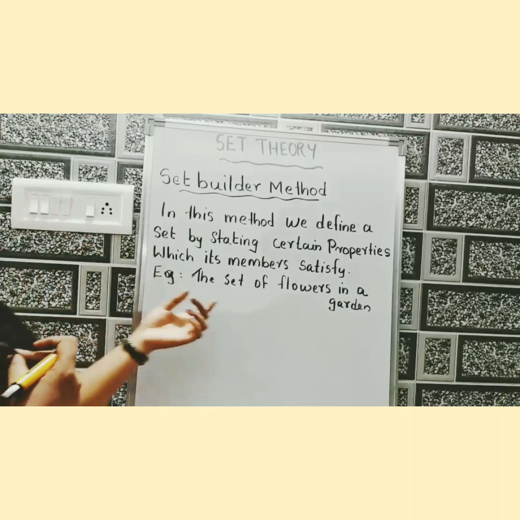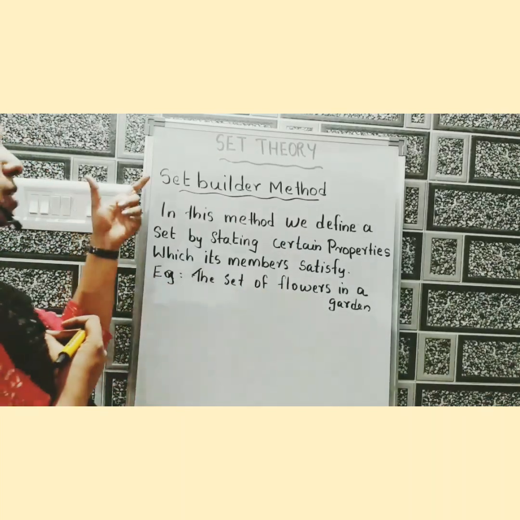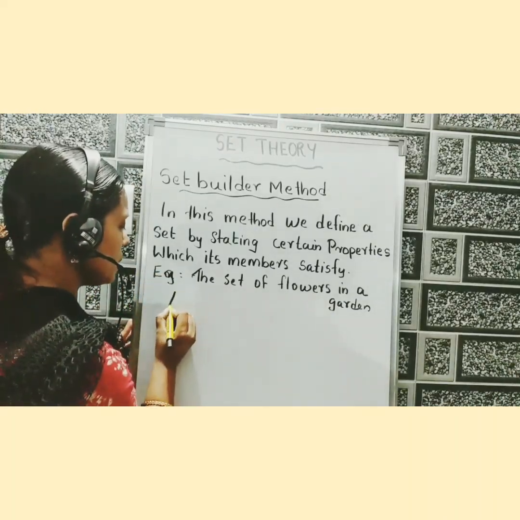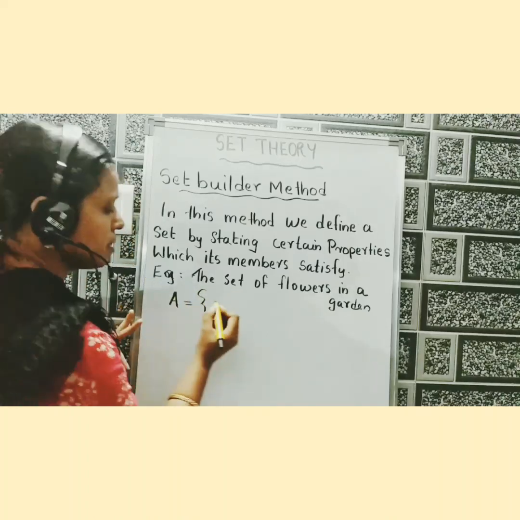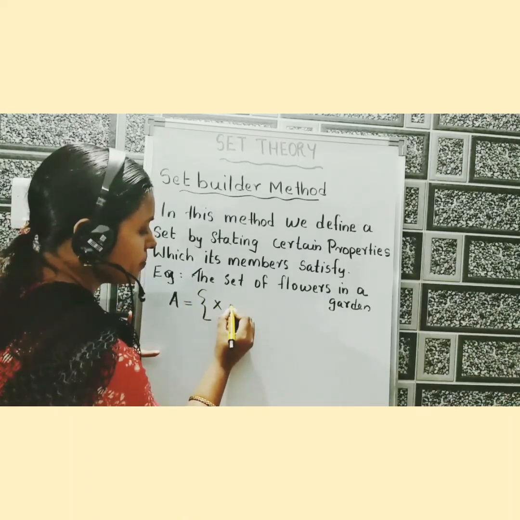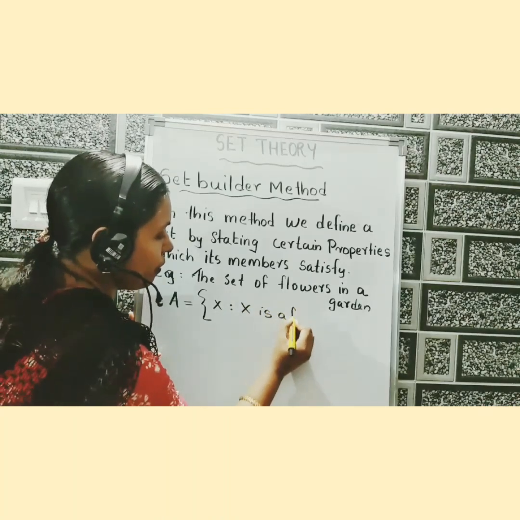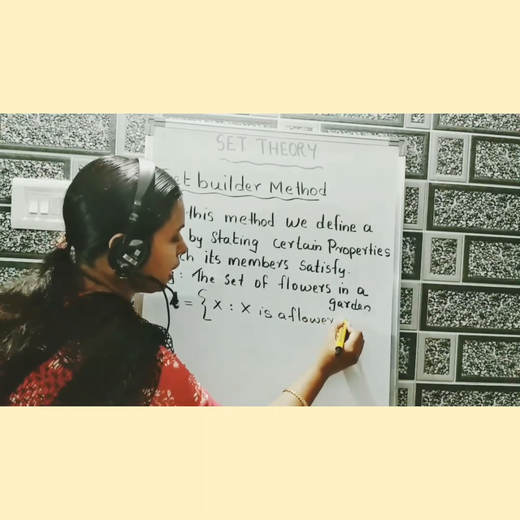Example, the set of flowers in a garden. This can be represented in set builder form as A is equal to, using a bracket, x such that x is a flower in the garden.